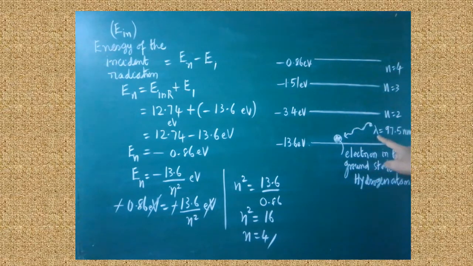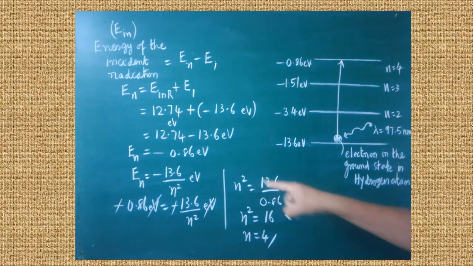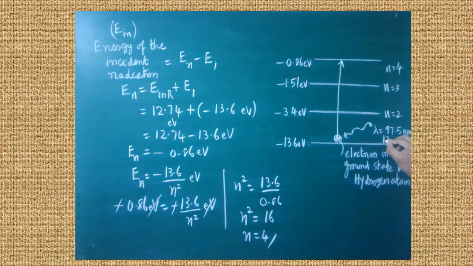So if you supply the incident radiation with the wavelength of 97.5 nanometer with the energy of 12.74, the electron will be excited to which level? The fourth level. So that is the meaning of the sentence. Are you clear? Here the energy of the incident radiation is 12.74.